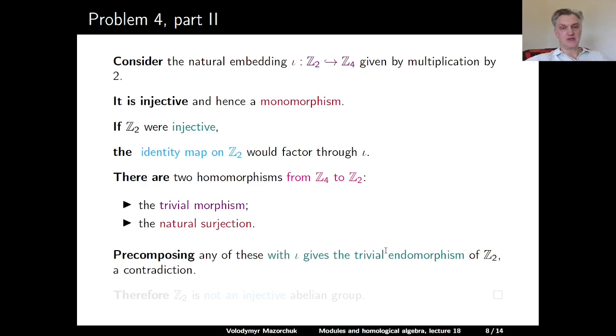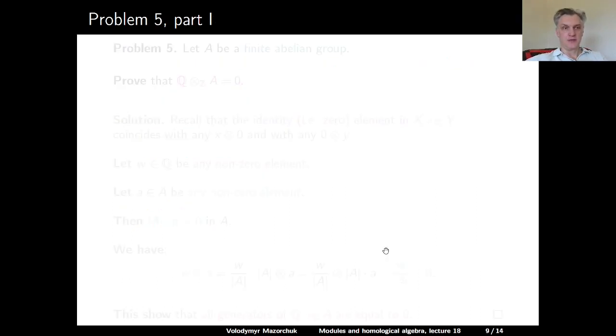So this is because the image of I belongs to the kernel of both these homomorphisms. And this gives us a contradiction, so the identity on Z2 does not factor through I, and I is a monomorphism, which shows that Z2 is not an injective abelian group.